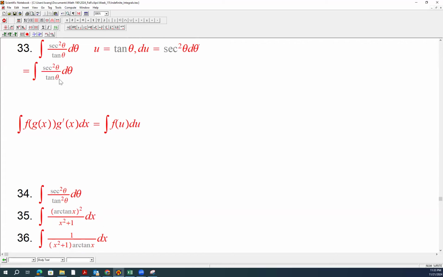So this is secant squared theta times d theta, that's du. We got du right there. After substitution, our antiderivative is ln of the absolute value of u, plus a constant.